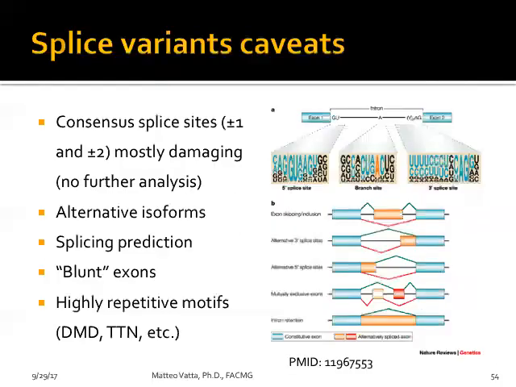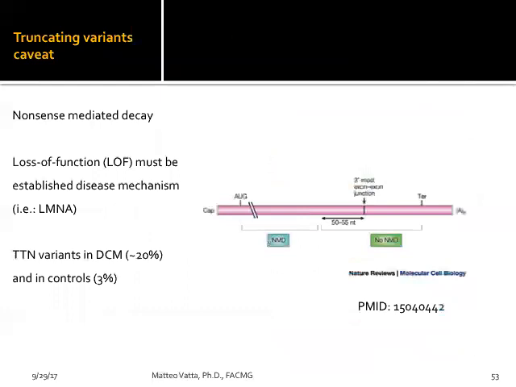Can you go back to the previous one? So for the ones that terminated very early and then triggered NMD, that really indicates that this particular protein is not there, right? Not there. So it's equivalent to the gene not being expressed.